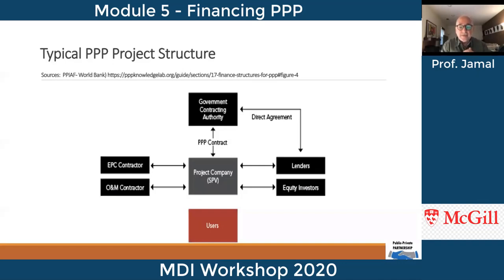The lenders that you see here in this table to PPP projects in developing countries may include commercial banks, multilateral and bilateral development banks, and finance institutions, and institutional investors such as pension funds and insurance companies.